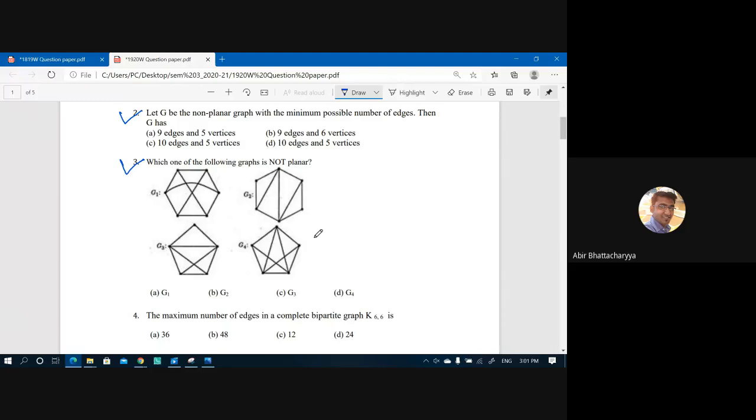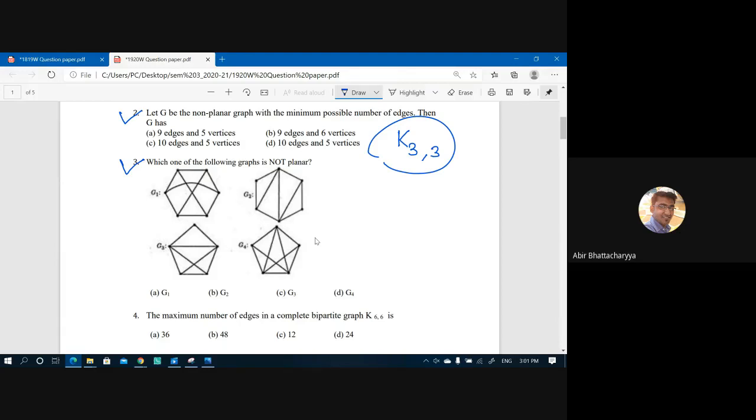All right, so many of you have put in your response. Question number two: we have to figure out the non-planar graph with the minimum possible number of edges. Only the number of edges, don't go for the number of vertices. I know that K33 is the non-planar graph with the minimum possible number of edges.